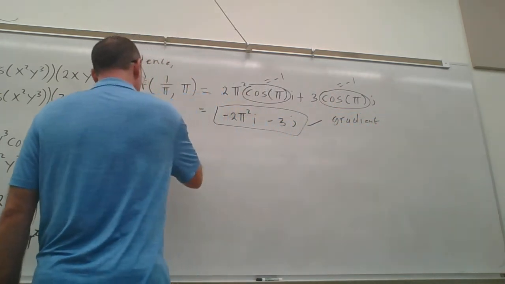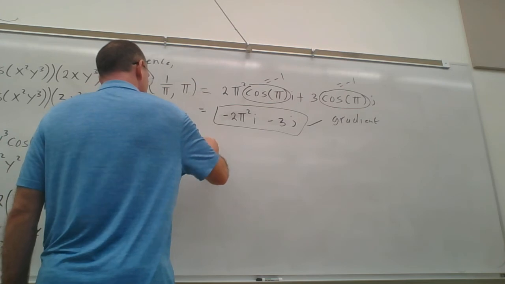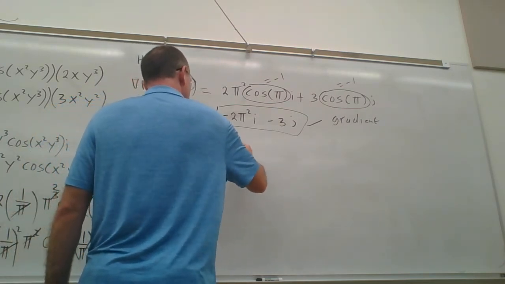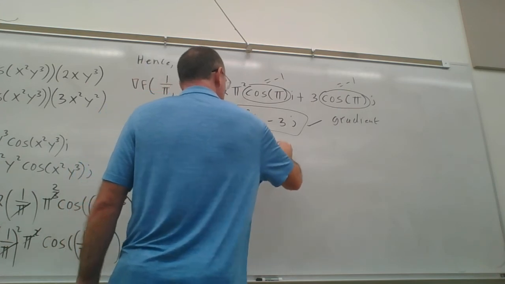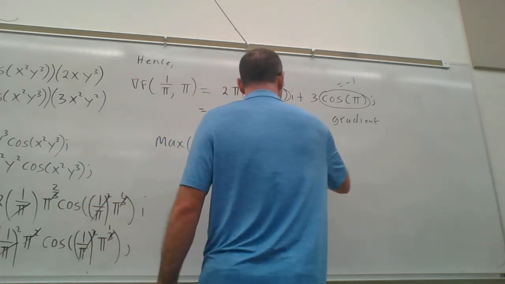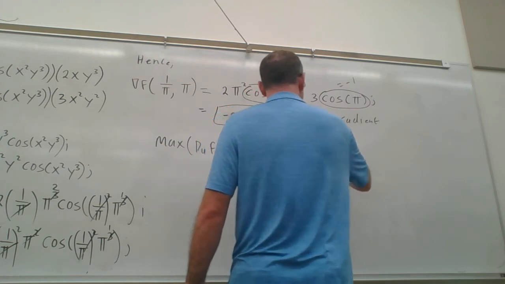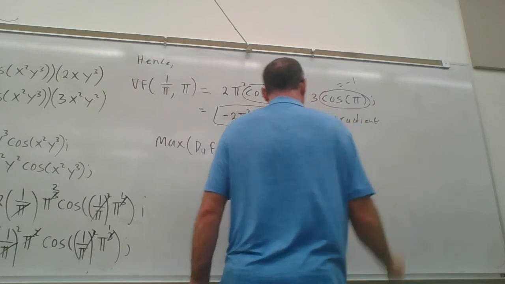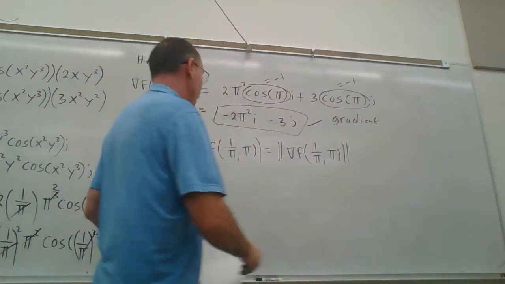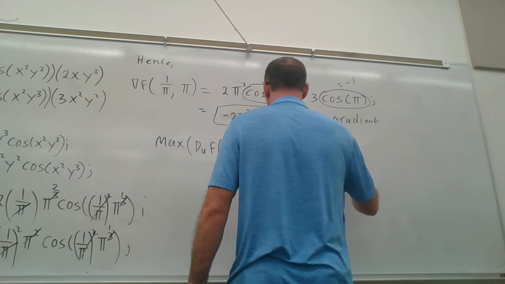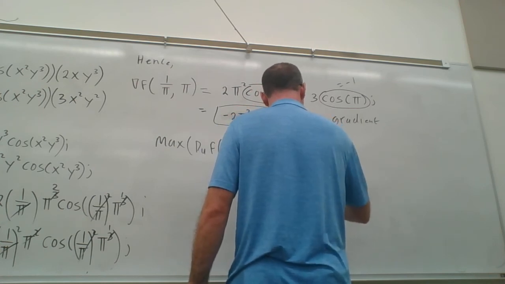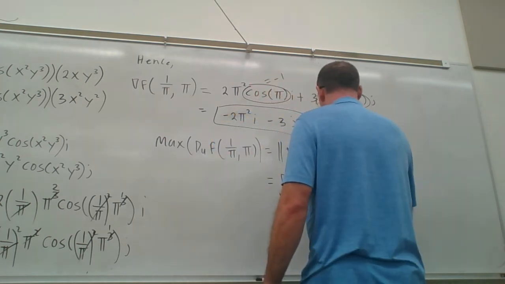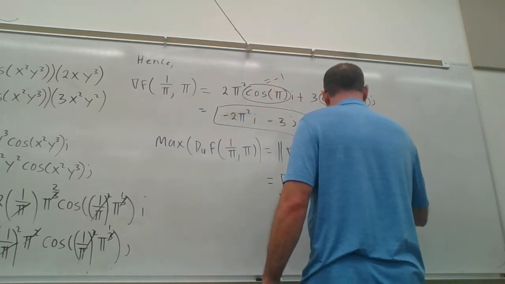So then the max of our directional derivative, again by theorem 12, is the magnitude of our gradient. Okay, and here's the gradient up here, so it's going to be then the square root of negative 2π squared, squared, plus negative 3 squared.